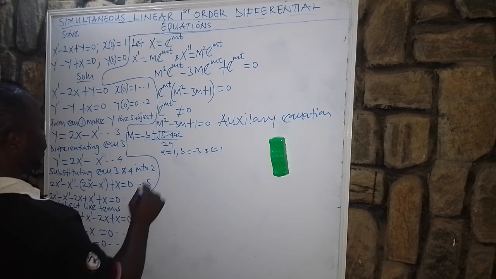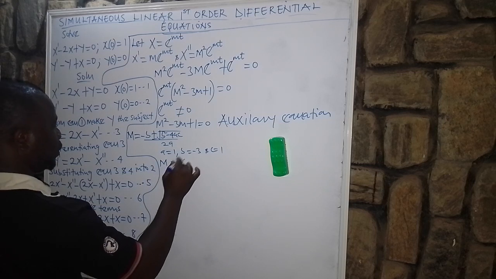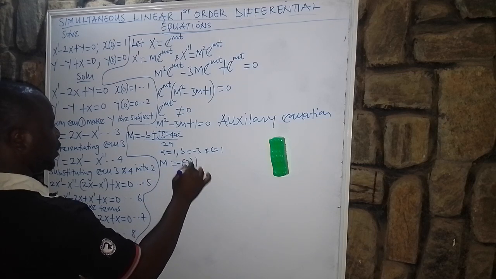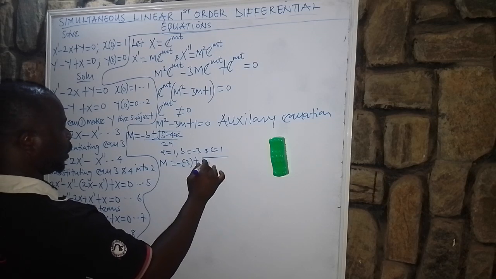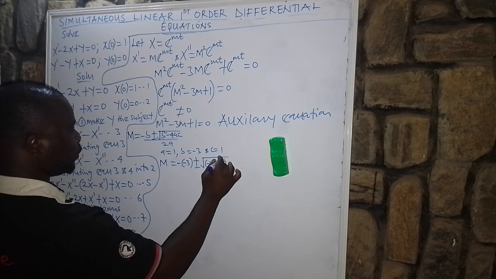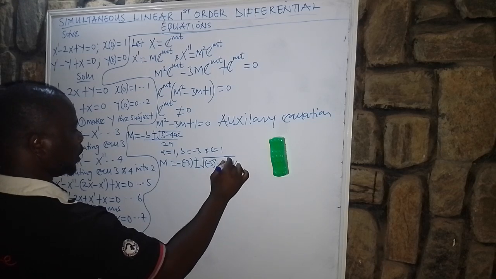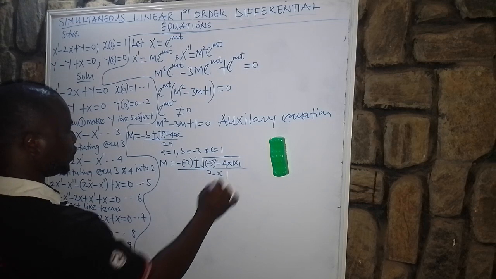So our m is equal to minus open bracket minus 3, plus or minus the square root of minus 3 all squared minus 4 times 1 times 1, all over 2 times 1.